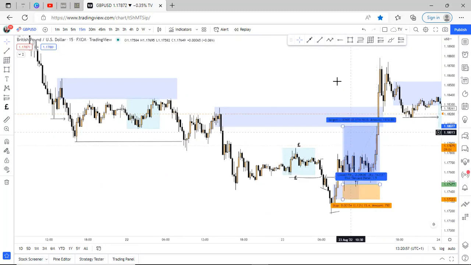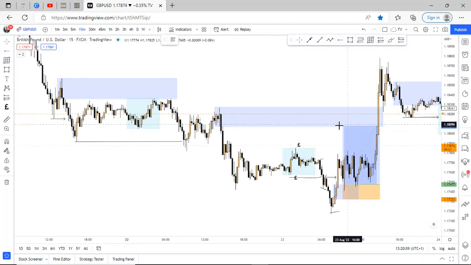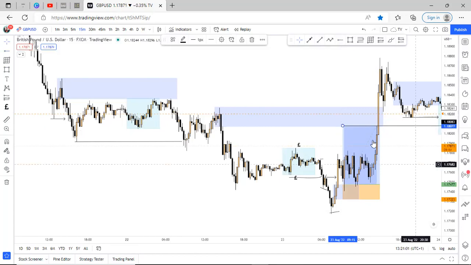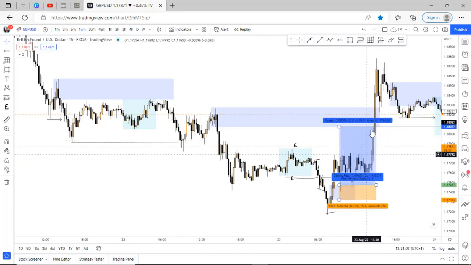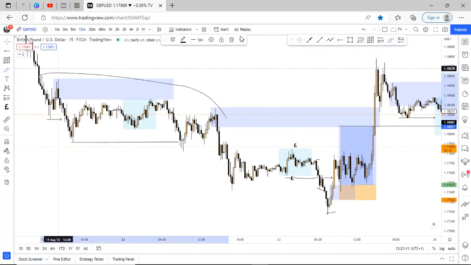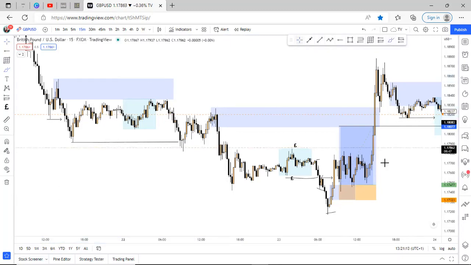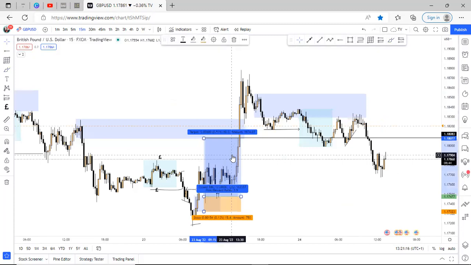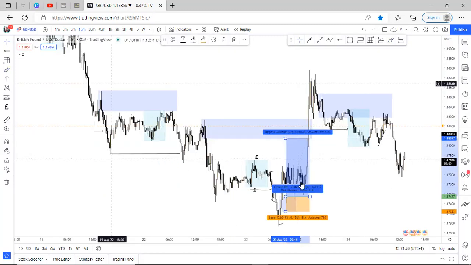On this one, I actually got out at this level right here, and you can see price went far above, taking out all of these highs right here, but it was still a profitable trade at the end of the day, and this was about 1 to 4 RR that I was able to get on this trade right here.